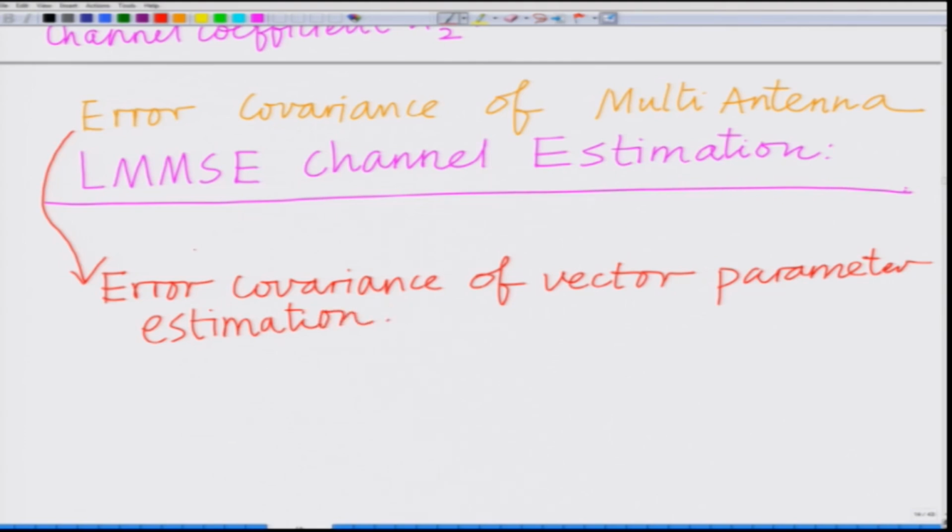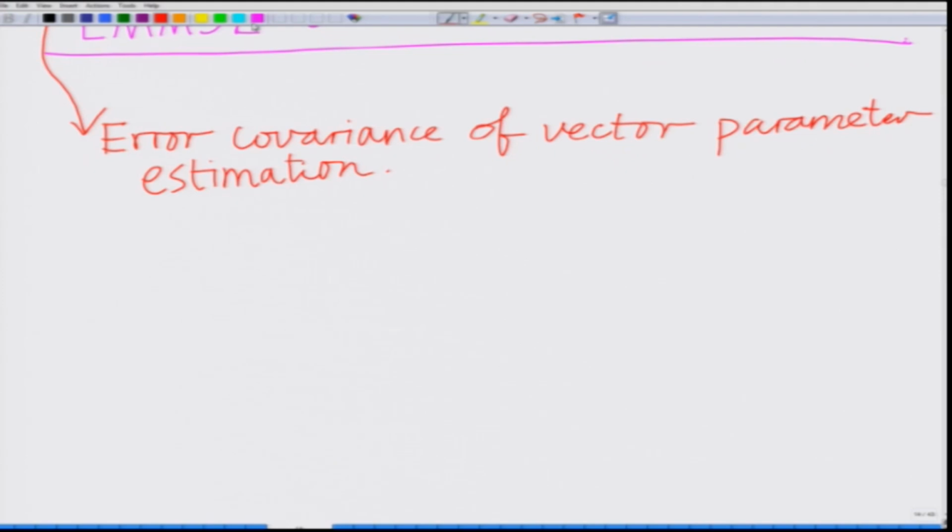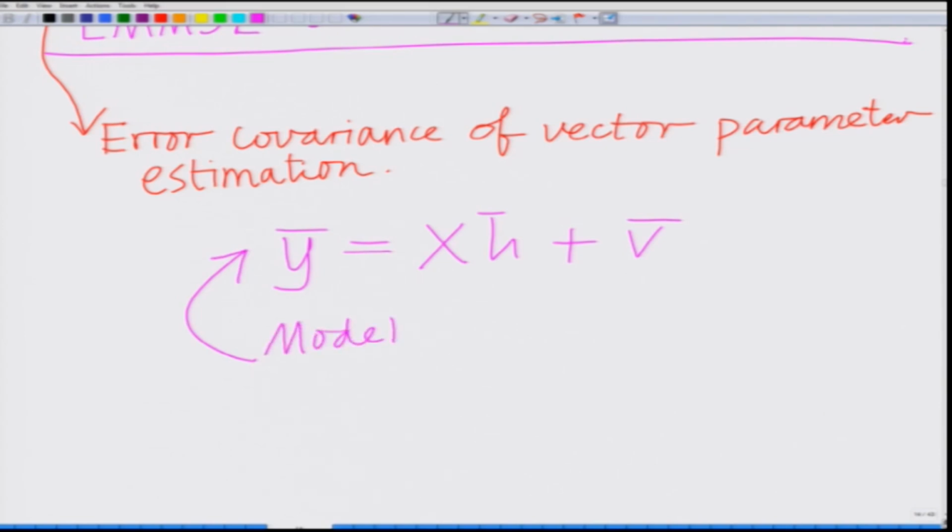And we know that the system model for the multi-antenna downlink channel is given as y bar equals X h bar plus v bar. This is the model for the multi-antenna downlink channel.